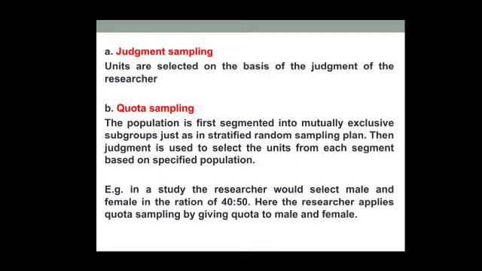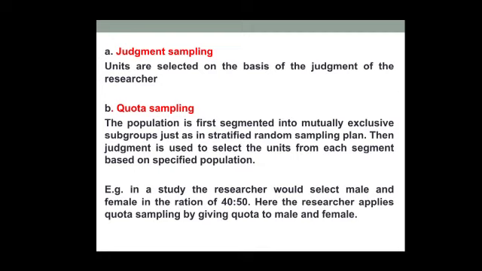Then units are selected from each stratum on the basis of the judgment of the researcher rather than random selection. In stratified sampling, it is random selection from each group, but here the population is divided into subgroups, strata, and then units are selected from the strata according to the judgment of the researcher.